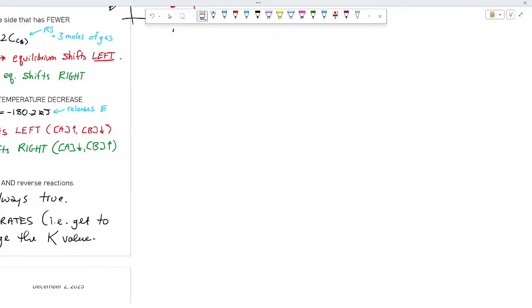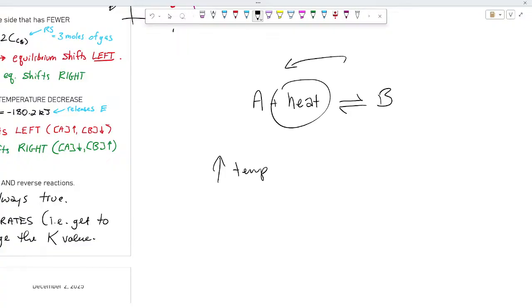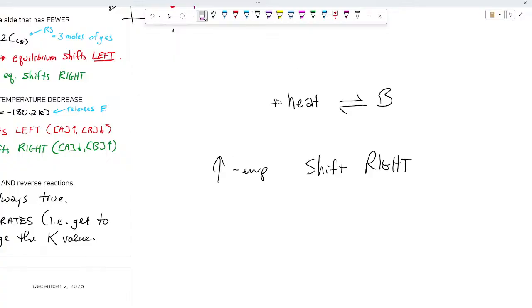So if you had A plus heat yields B in equilibrium, and you increase the temp, it's going to try to decrease the temperature. It can't shift left. Shifting left would make more heat. We don't want more heat, so it's going to shift right. Does that make sense? Okay.